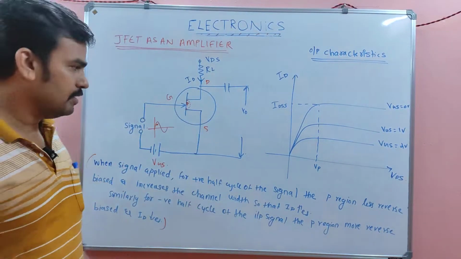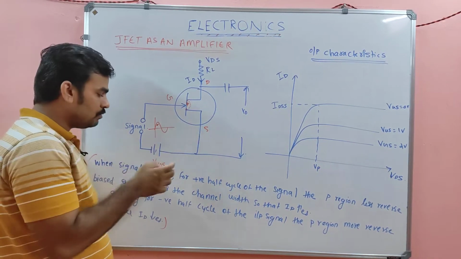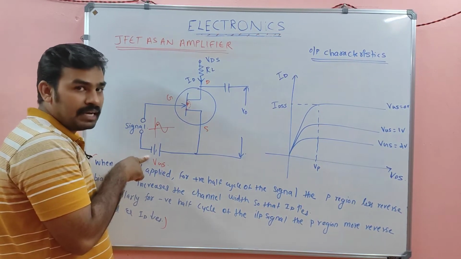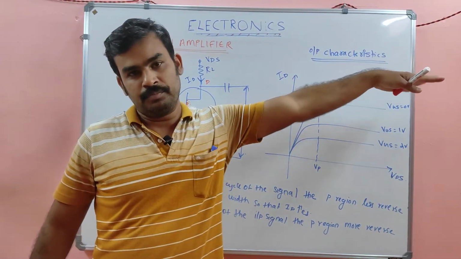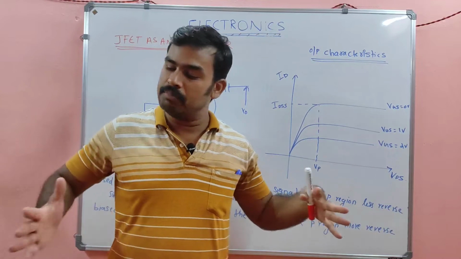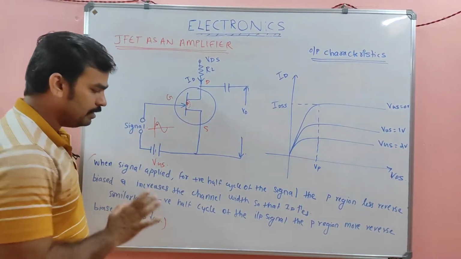The drain current will increase. But for the negative polarity, the negative signal along with the applied negative biasing makes more depletion region. The depletion region width will be very high, the channel width will be very less, so that ID will reduce. That's all.